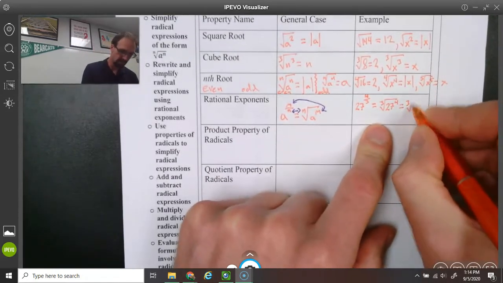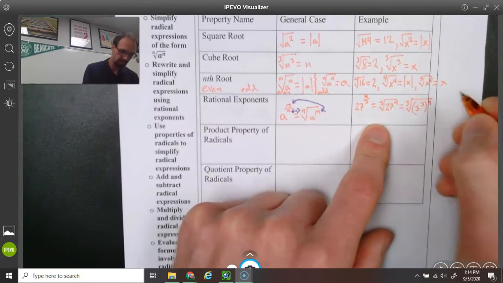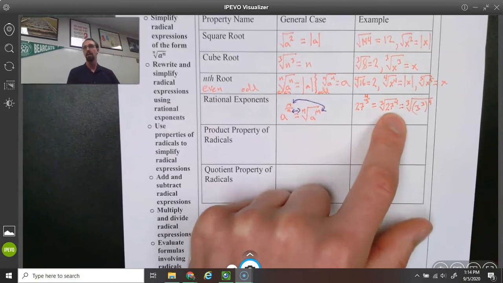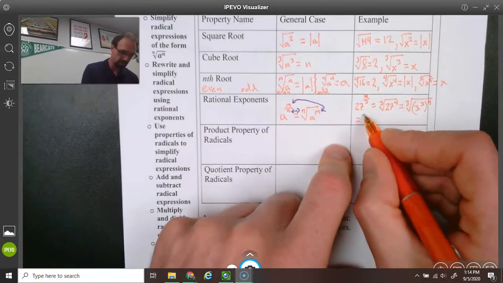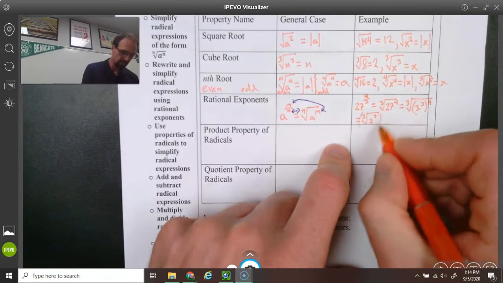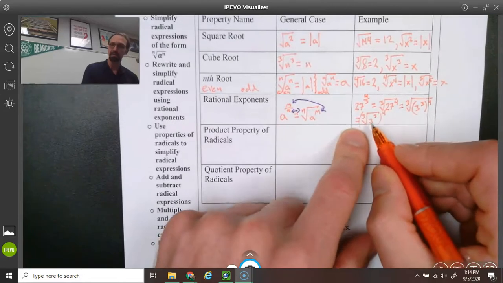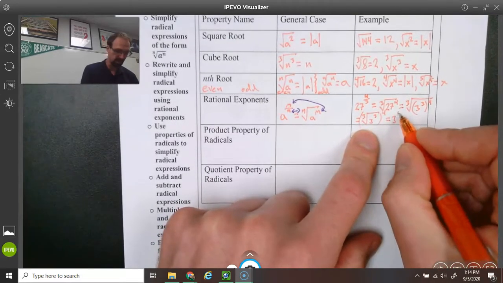So I have the cubed root of 3 cubed, all raised to the 4th power. And then I can use properties to actually eliminate the 3 cubed and the 3 to the 4th. So the cubed root of something cubed is just itself. So now we're left with 3 to the 4th power, which is 81.